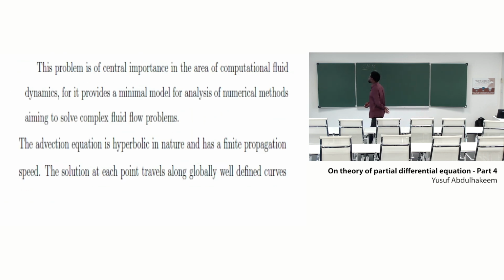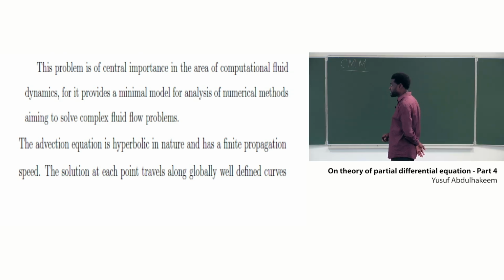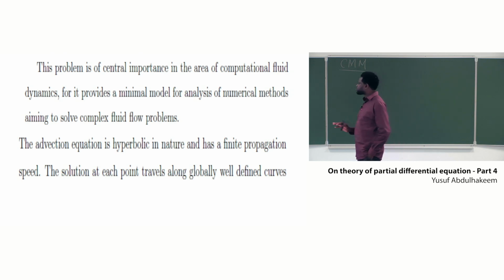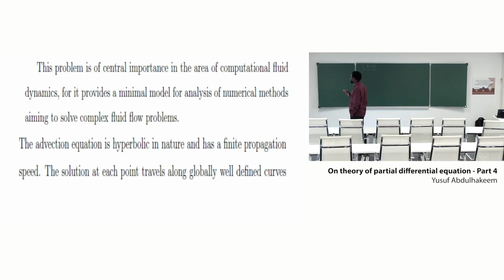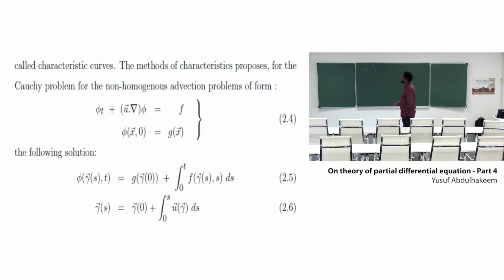Then the problem is of central importance in the area of computational fluid dynamics, for it provides a minimal model for analysis of numerical methods aiming to solve complex fluid flow problems. The advection equation is hyperbolic in nature, clearly we know that, and has a finite propagation speed. So the solution at each point travels along globally well-defined curves, which are called the characteristic curves.